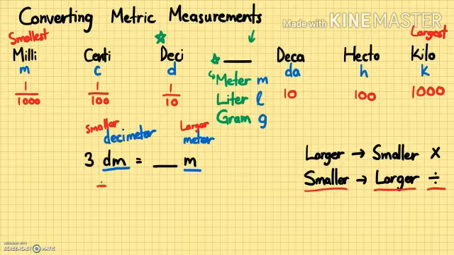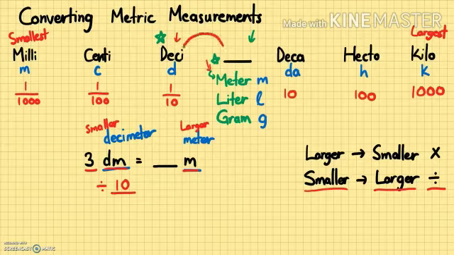What do we need to divide by? We are dividing 3 by something, and that something is always going to be 10. But sometimes we need to divide by 10 more than one time. How many times are we going to divide by 10? Let's see how many parts meter is from deci. Yes, it's one part. So we have to divide by 10 one time.